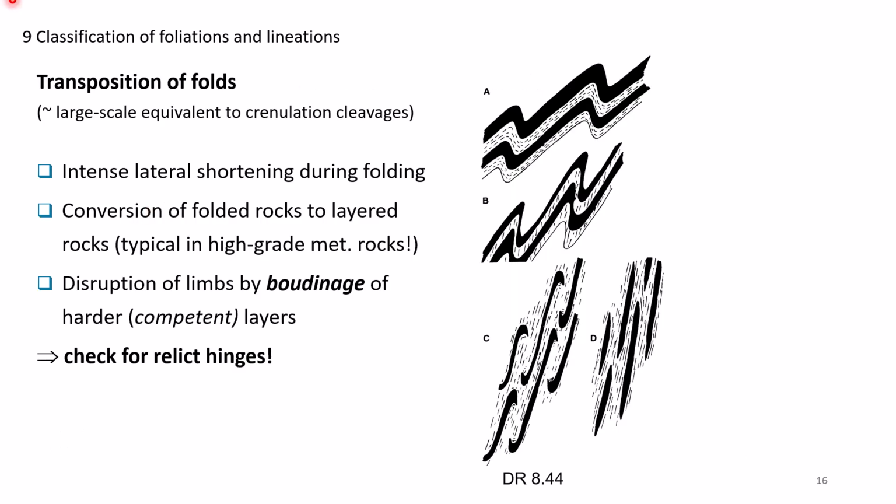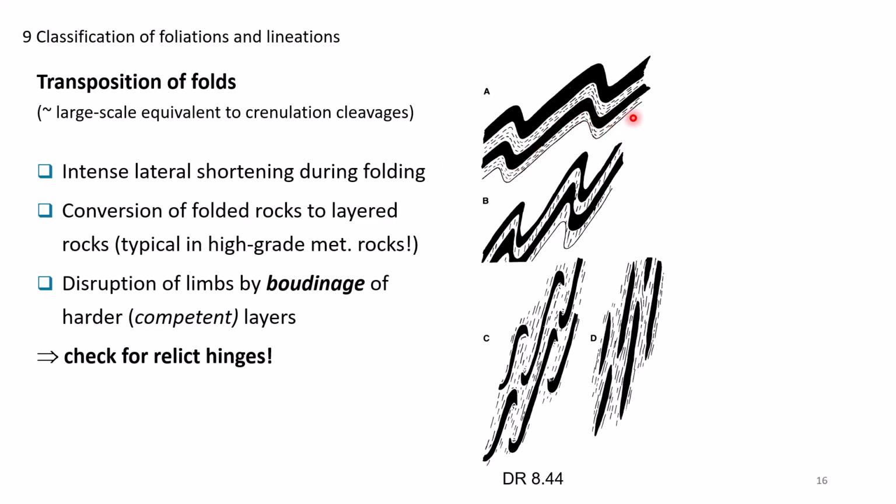The transposition of folds is the large-scale equivalent of the transposition of foliations that we have just discussed, and which leads to the formation of crenulations and crenulation cleavages. At larger scale, a similar process takes place in rocks that are layered and where different layers have different competence. That means different rheological characteristics, and more competent layers and less competent layers form these sequences of rocks.